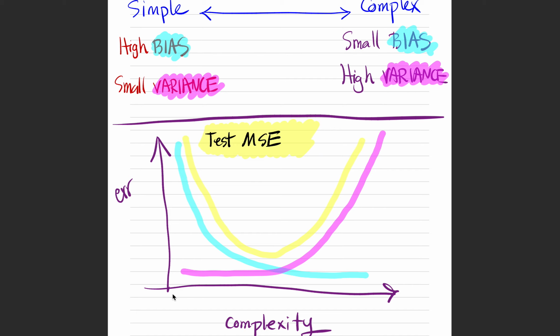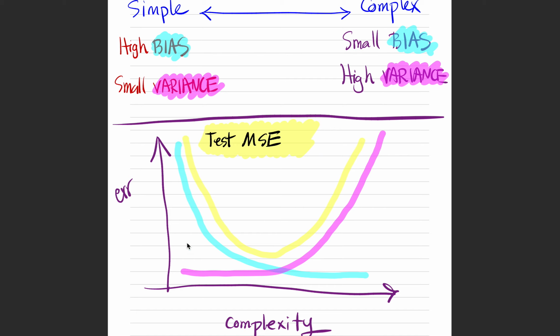As we increase the complexity, as we go from rigid to flexible model, the variance increases, because a model that is flexible might be too flexible, so it happens to model the variability in the data as opposed to the pattern, the structure, the statistical significant relationship in the data. So as we increase the complexity, the variance increases.